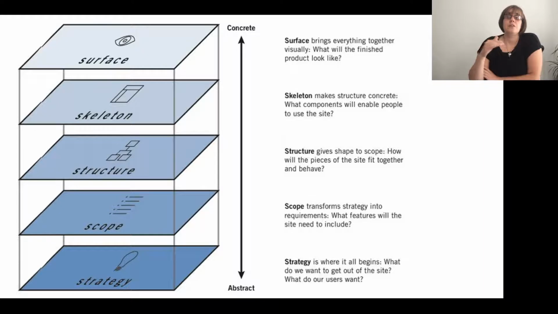And then finally you have the surface layer, which is your look and feel. That's going to bring in the UI elements. So what I hope is really clear here is that UI doesn't come in until the end. There's a whole bunch of other stuff to do with what do we need, how do people behave, how can we put everything together in terms of overall structure and format that comes way before the surface element gets there.